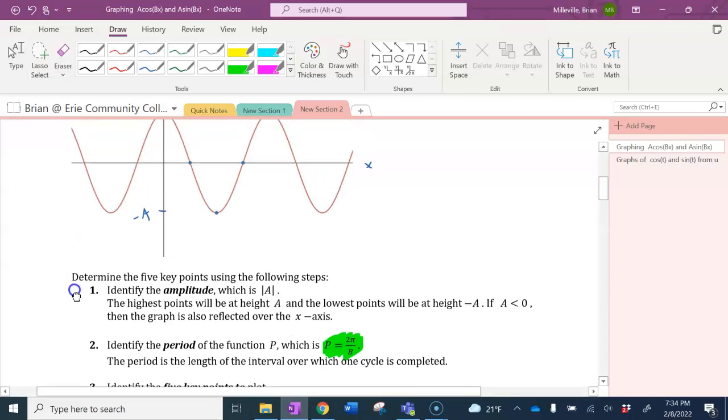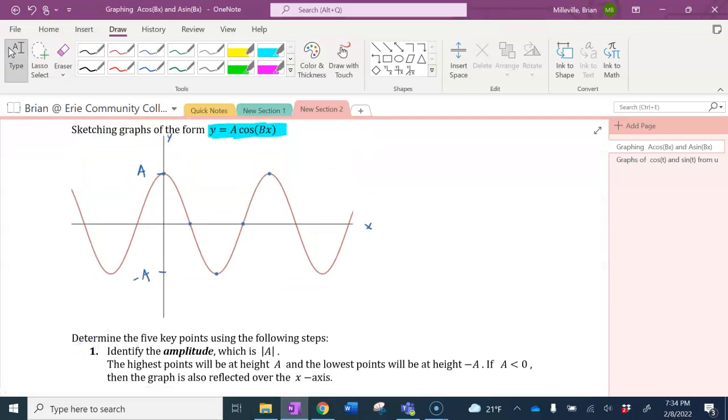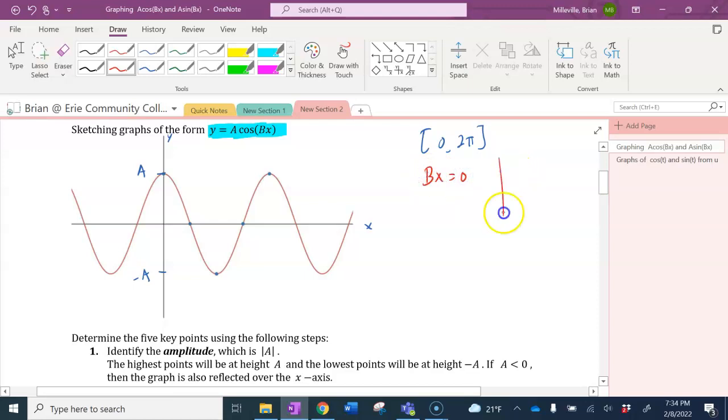Let's explain that for a second. Normally the period for cosine and sine is from 0 to 2 pi. So we want to know, for our new input value bx, when does bx equal 0? That's one question. The other question is, when does that new input equal 2 pi?